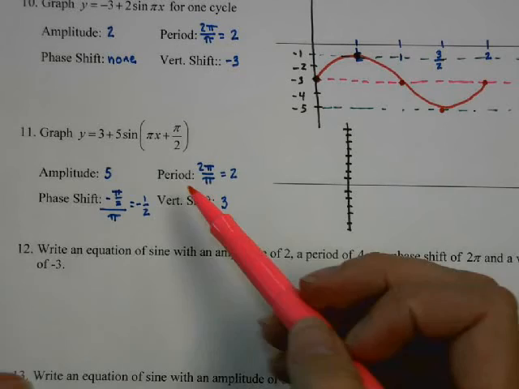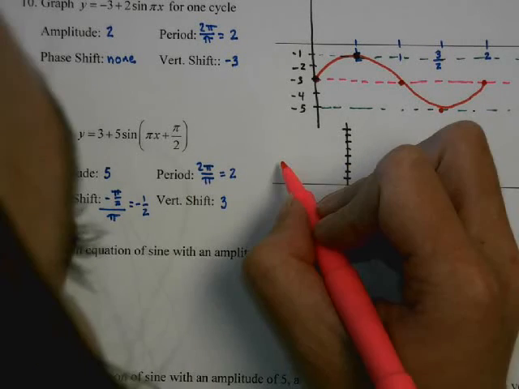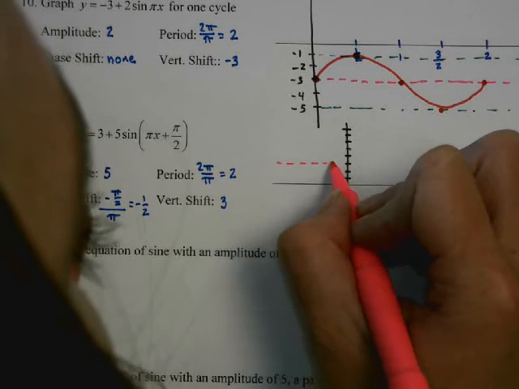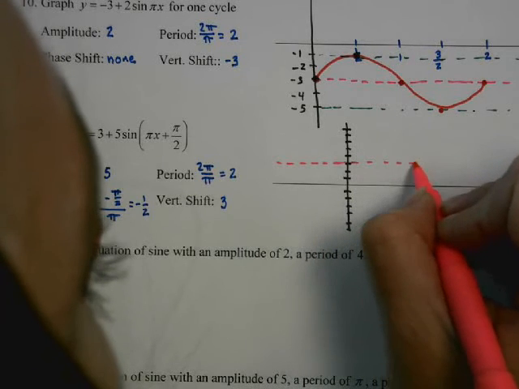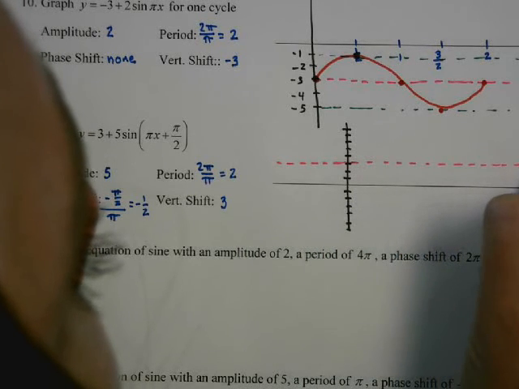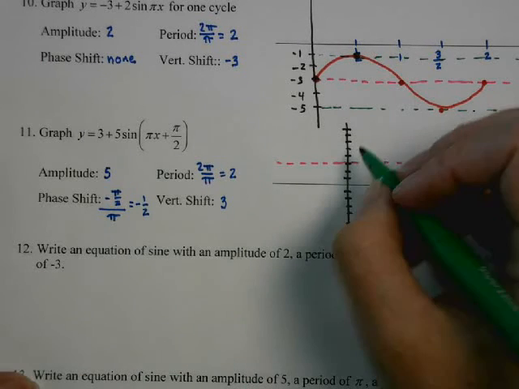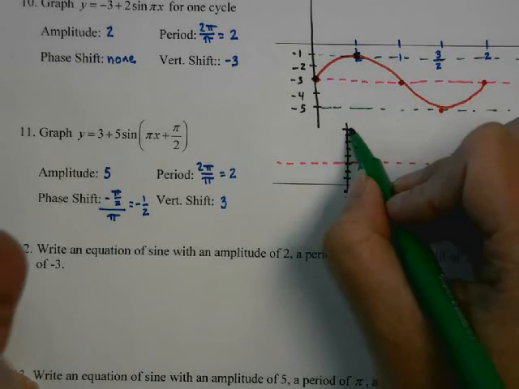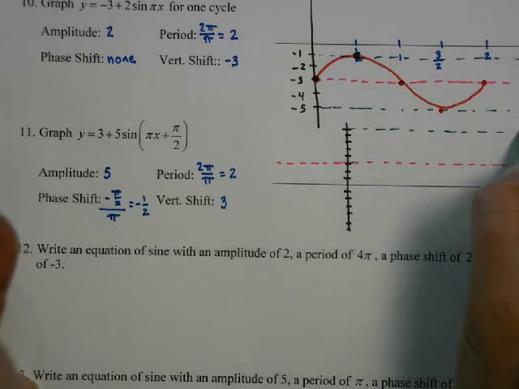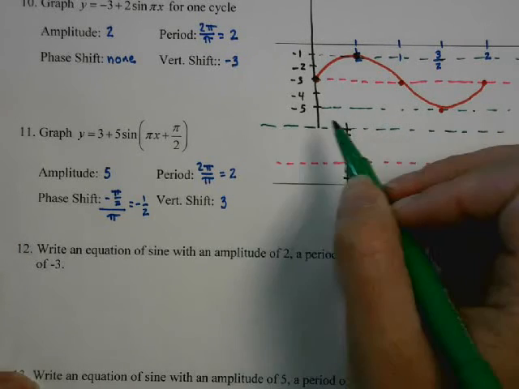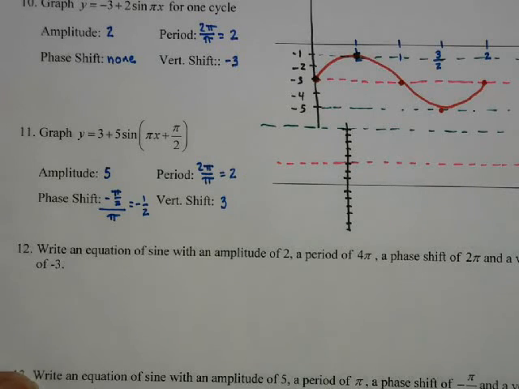So my midline is at 3. 1, 2, 3. And my max and my min are going to be 5 above that and 5 below that. So up at 8, and down at negative 2.